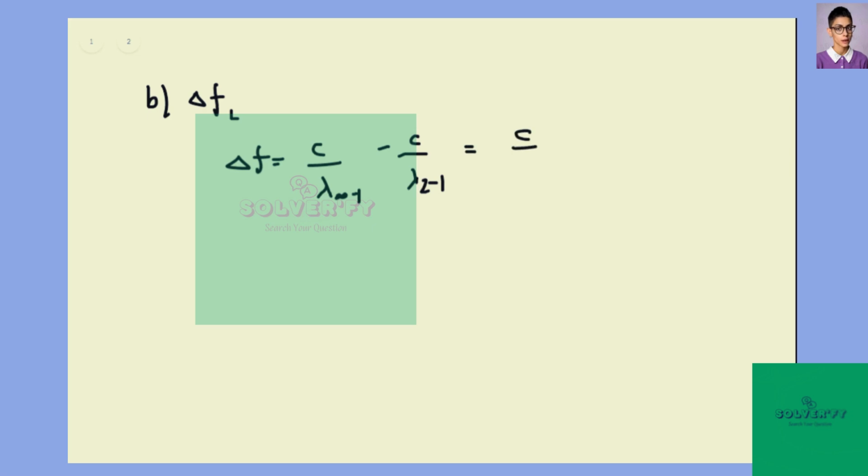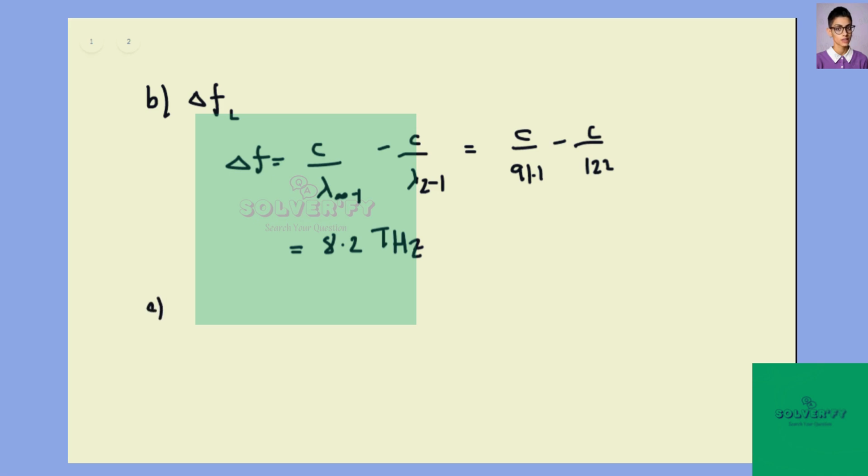That should be equal to c over 91.1 nanometers minus c over 122 nanometers. And this is effectively equal to 8.2 terahertz, where tera is 10 to the power 14.